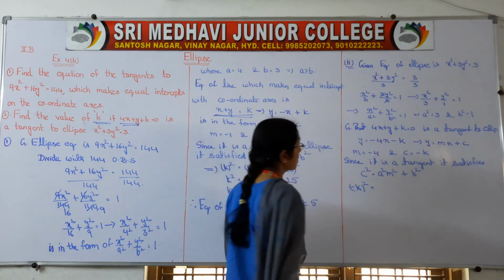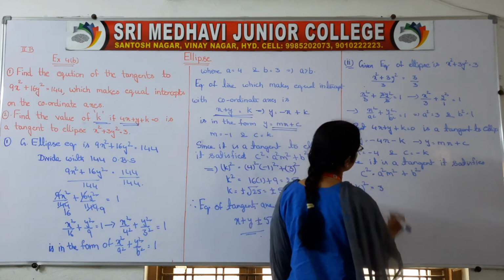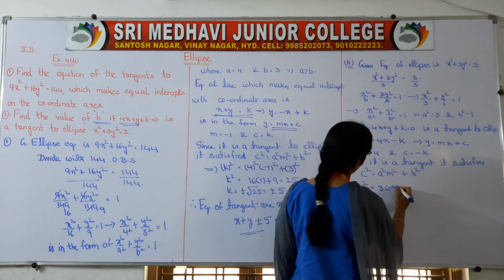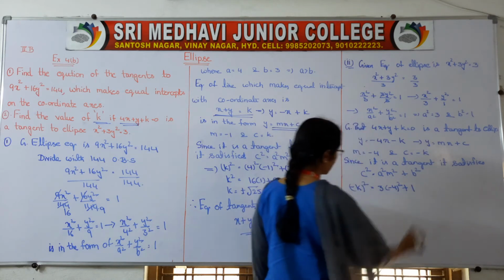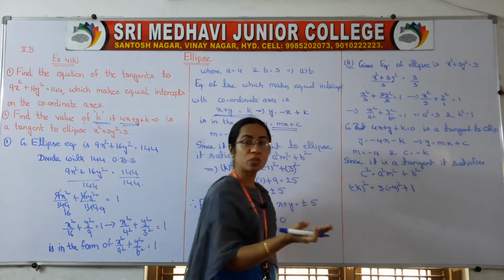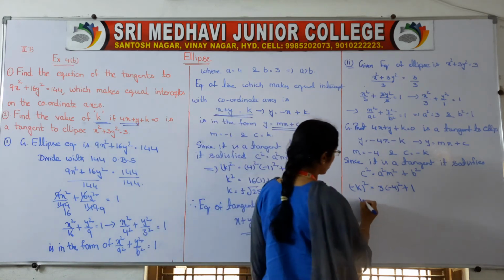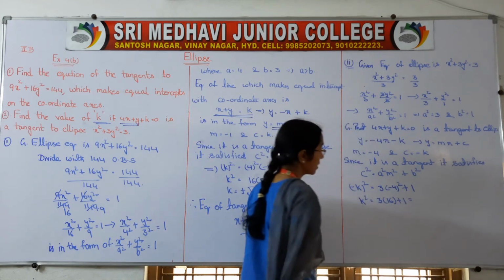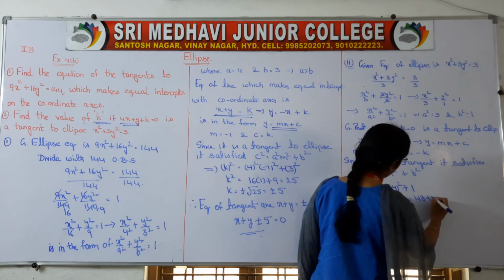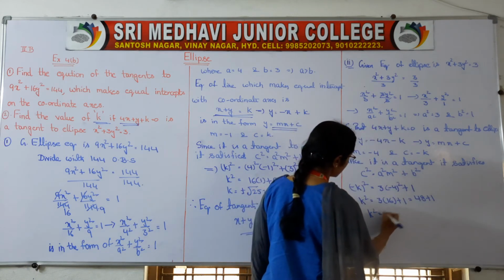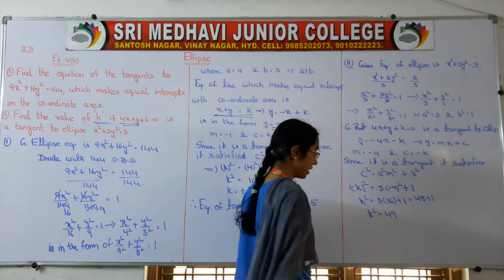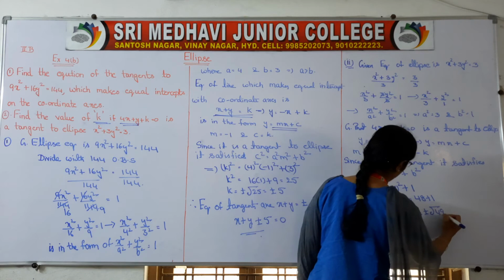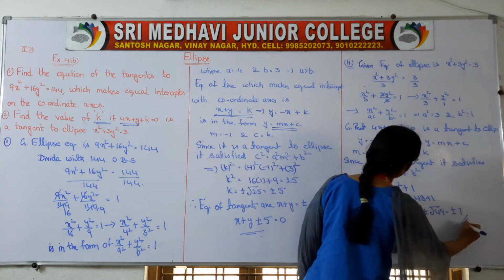Minus k whole square is equal to a square is 3, and m is minus 4 whole square, plus b square is 1. So minus k whole square, minus into minus is plus, so k square is equal to 3 into 16 plus 1. 16 3s are 48 plus 1. Okay. So k square is equal to 49, which implies k is equal to plus or minus root 49, that is plus or minus 7.